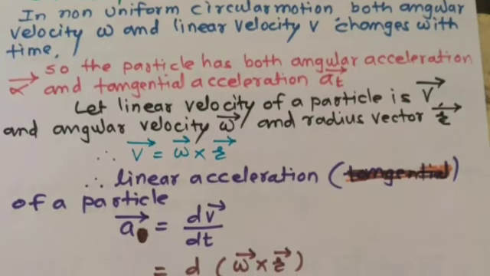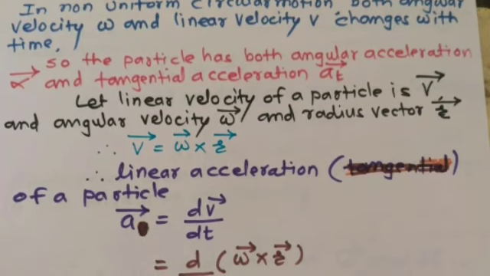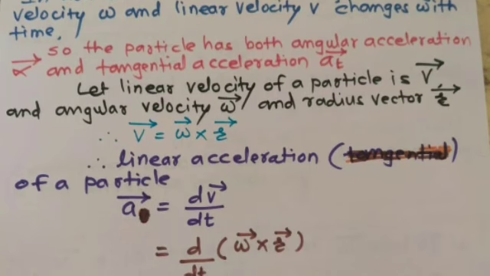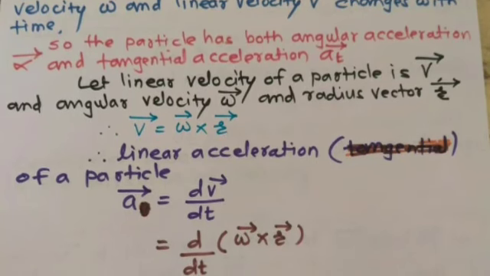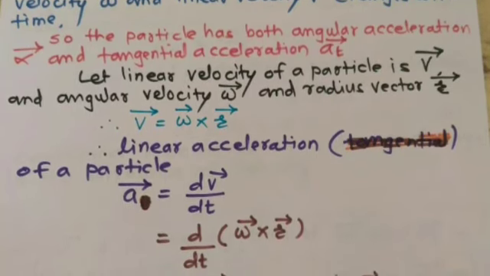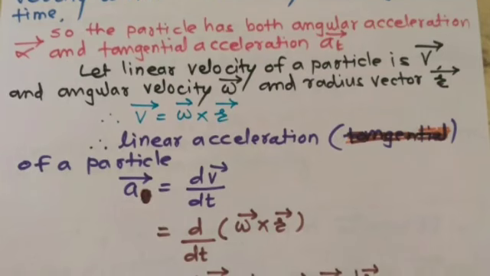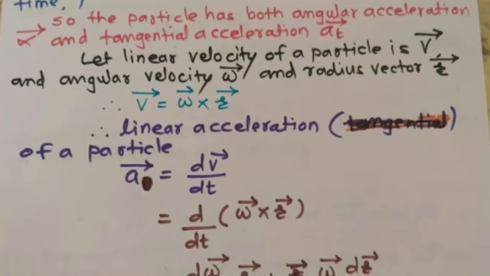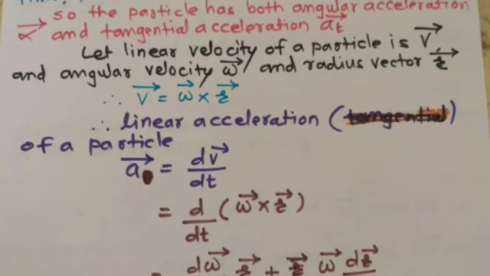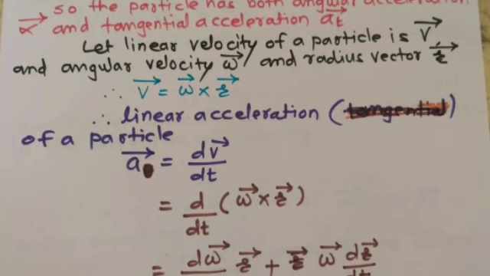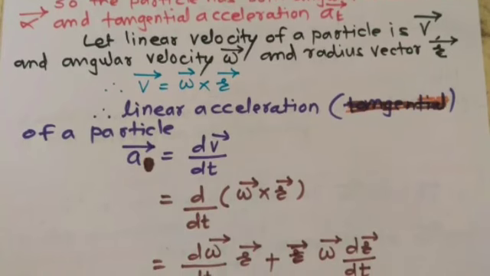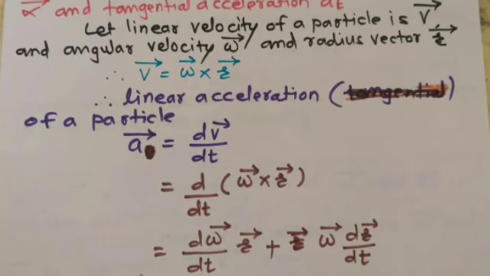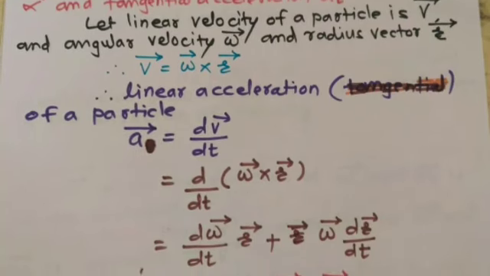So, the particle has both angular acceleration vector alpha and tangential acceleration vector a_t. Let velocity of the particle be vector v, angular velocity vector omega and radius vector r. Therefore, vector v is equal to vector omega multiplied by vector r.